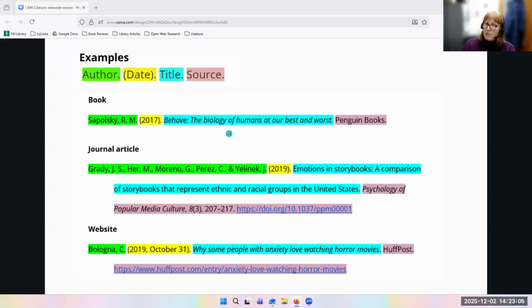So just like you're writing a sentence in your paper, you would write the title, right? So the first word is capitalized and then any proper nouns are also capitalized, such as United States, right? It's capitalized. Okay. And again, a period is after each element of the source.